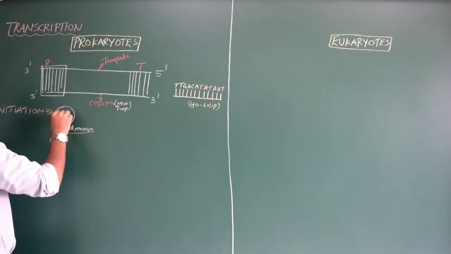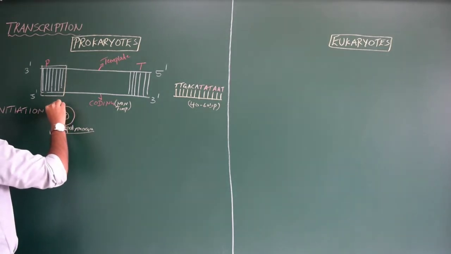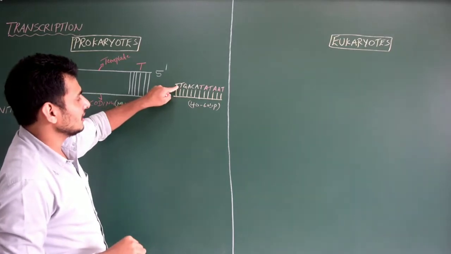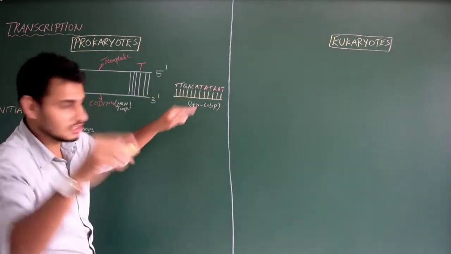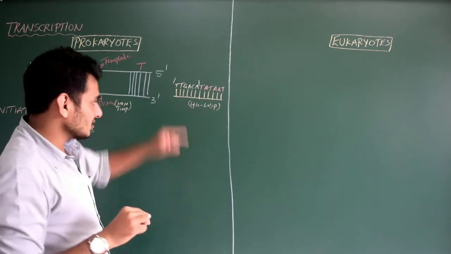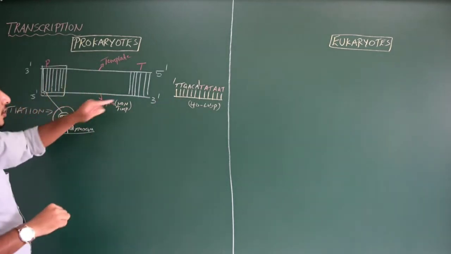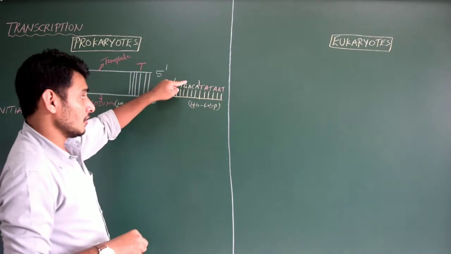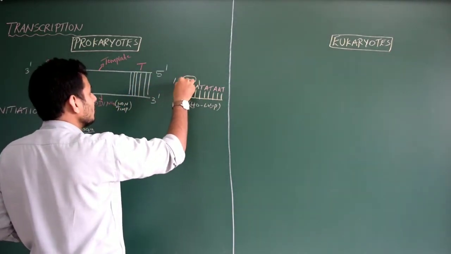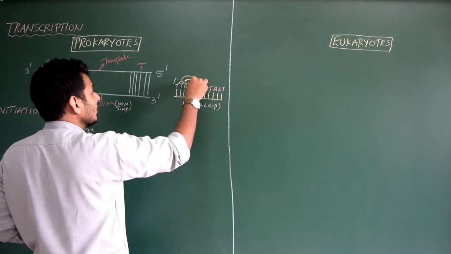Now the sigma factor first identifies this particular sequence, TTGACA. Note this point: TTGACA is present on the coding strand or non-template strand of the DNA. This will be recognized by the sigma factor of the RNA polymerase, so it is going to bind to this sequence.